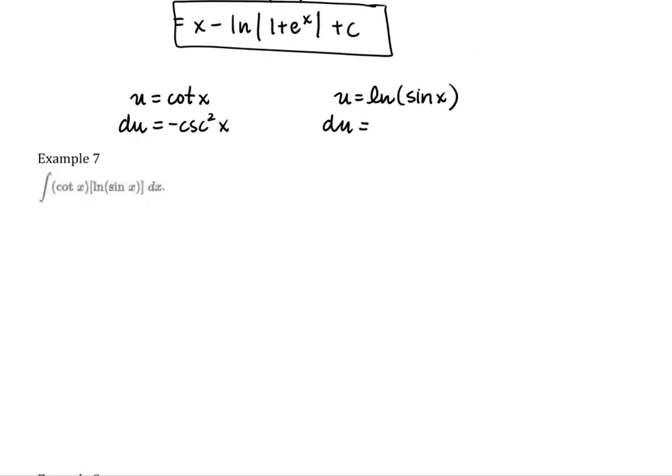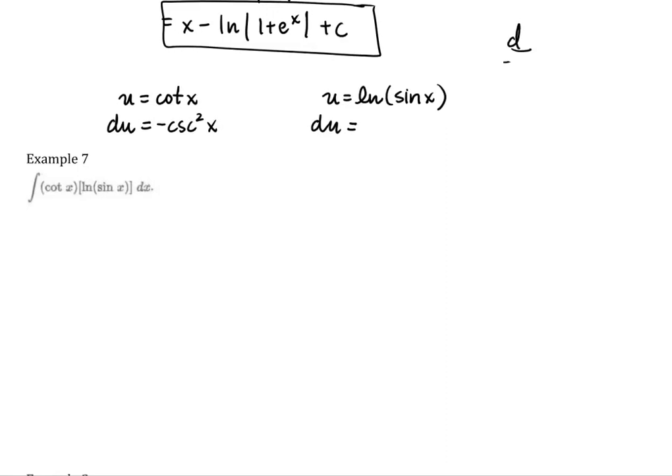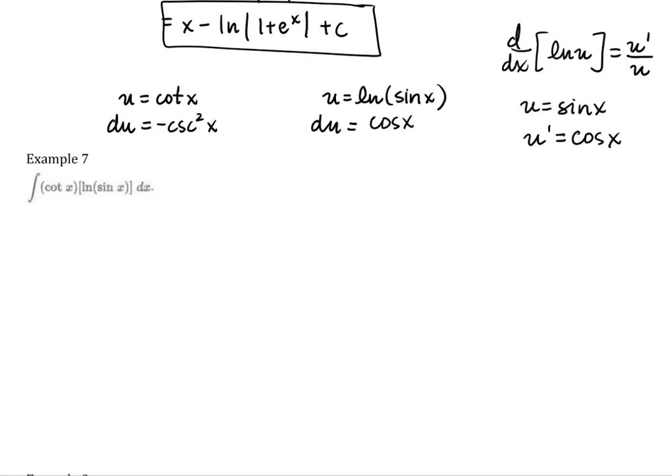The derivative of natural log of u is, in general, u prime over u. In this case, u is sine x, and u prime is the derivative of sine, which is cosine x. So cosine x over sine x, that's du over u, and cosine x over sine x is cotangent x.